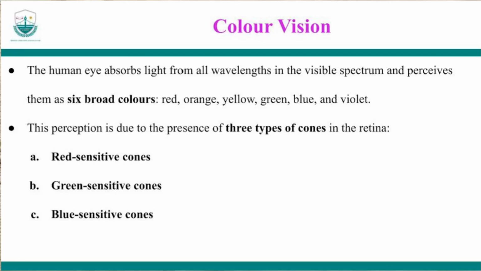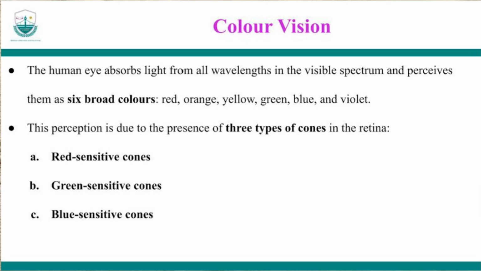So if we ask you a question to tell us how the cones make us differentiate between the different colors, you should be able to explain, and that is what we are going to look at.